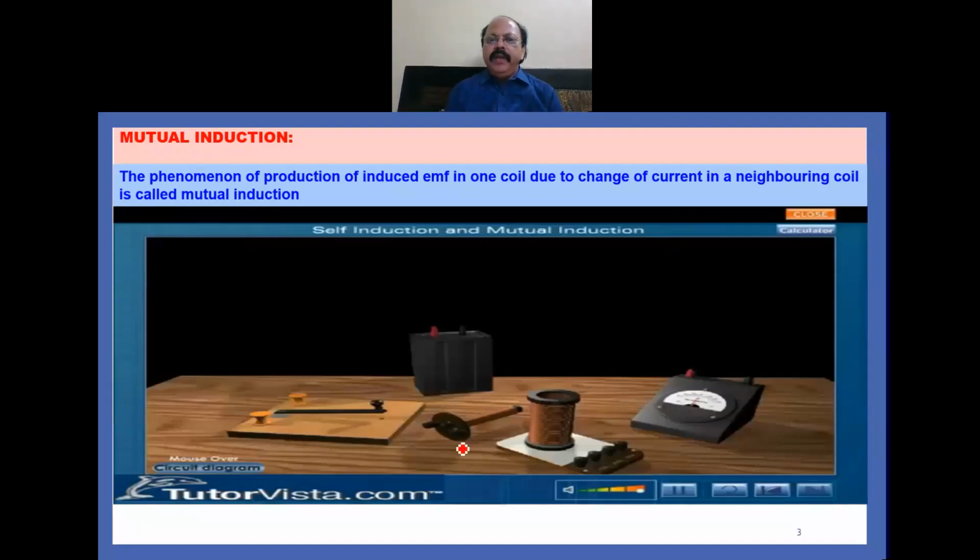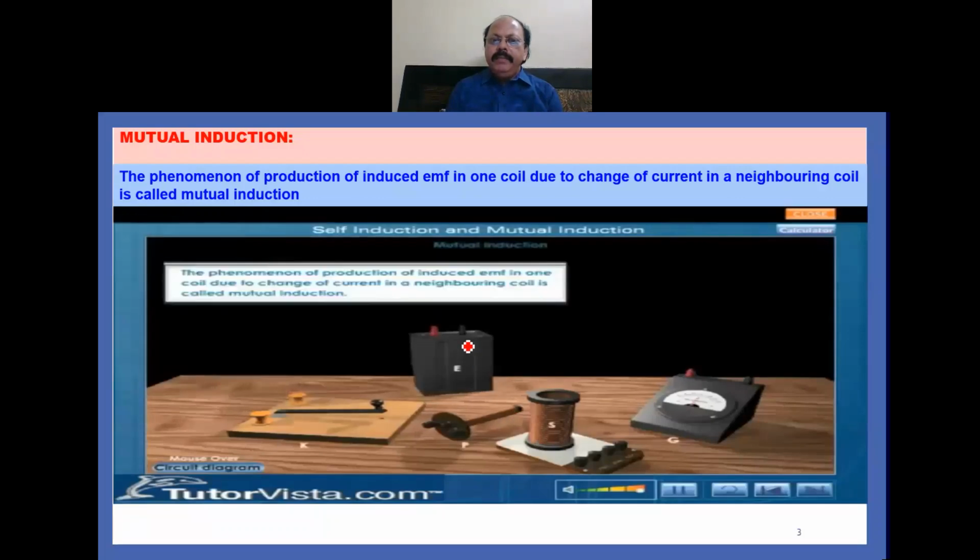Now this primary coil is connected to the battery, so that current flows through the primary coil, and the EMF induced in the secondary coil opposes any change in the strength of the current in the primary coil. This secondary coil is connected to the sensitive galvanometer, and then we make the connections of the primary and secondary coils with the battery and sensitive galvanometer respectively, along with the tapping key.